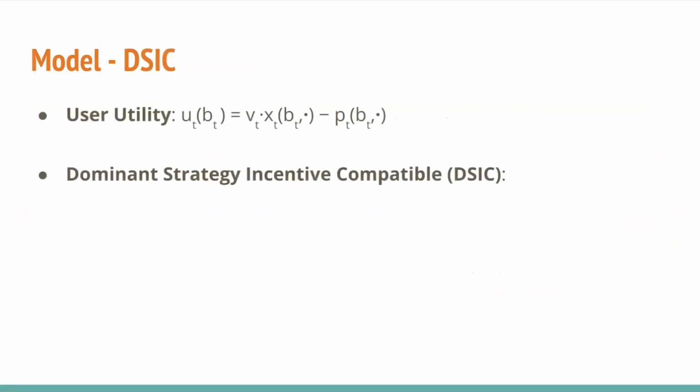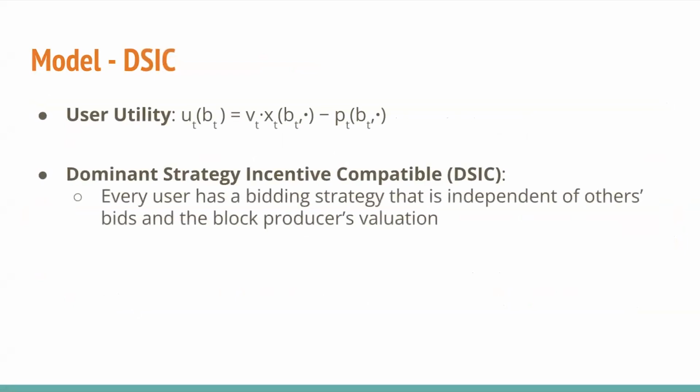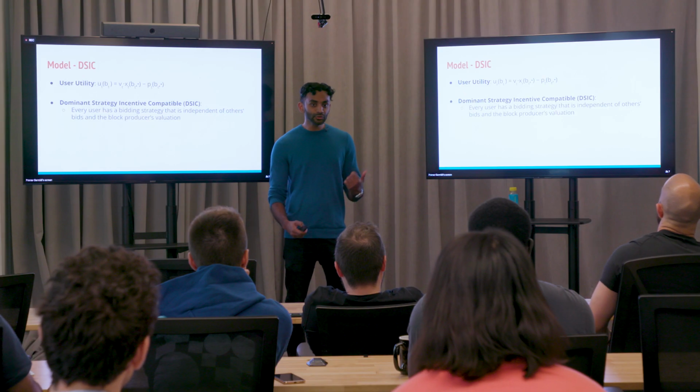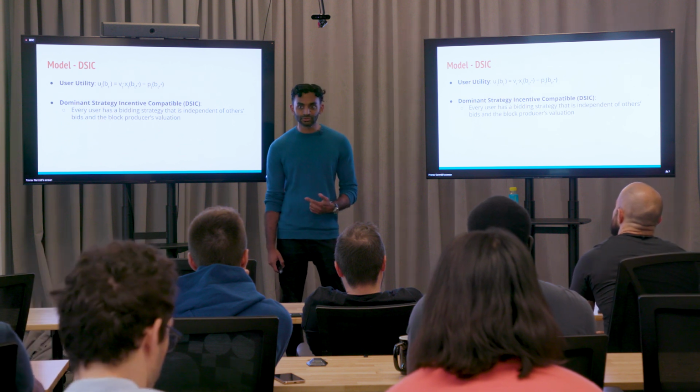So, for defining DSIC, basically we'll say a user's utility is defined as the value they have for inclusion times this x_t. So x_t will equal 1 if the transaction was included. And here I'm hiding some arguments about exactly what block is produced and other users' bids and everything. Basically, you can think of a user's utility as, if they're included, their value for being included minus how much they're charged.